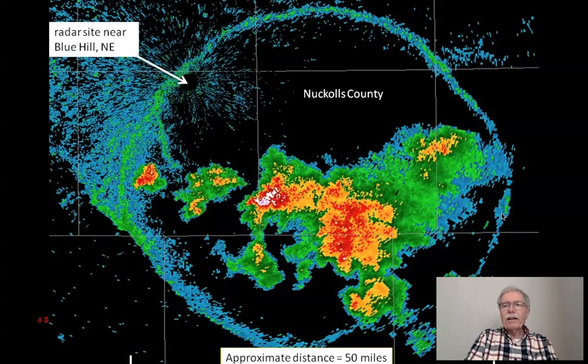First of all, here is a radar image of a thunderstorm, actually a couple of thunderstorm cells that were growing up over Nuckolls County, Nebraska. And you can see surrounding the thunderstorm cell, you see the outflow boundary.